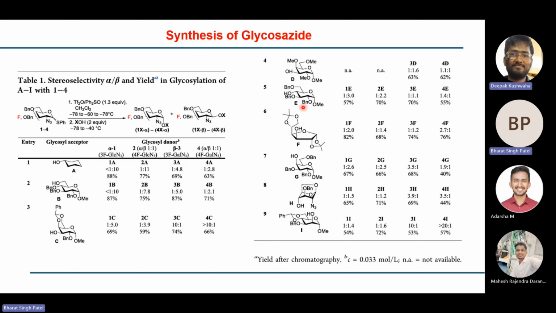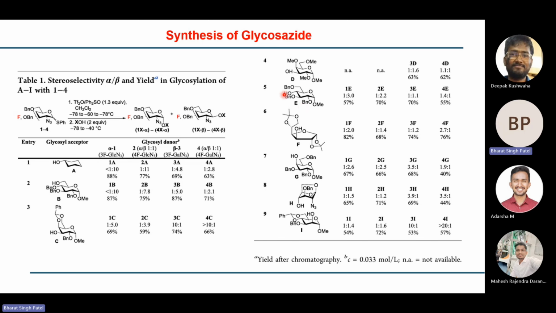But in the case of 6, they haven't explained too much, just for glucose. So it's not going through the acceptor nucleophilicity. There is no control and no selectivity, very poor selectivity. But it gets reversed in the case of 4E to 4F.